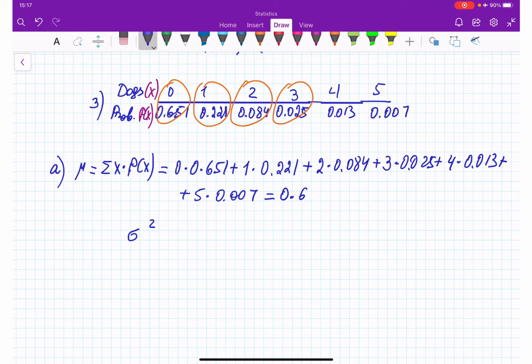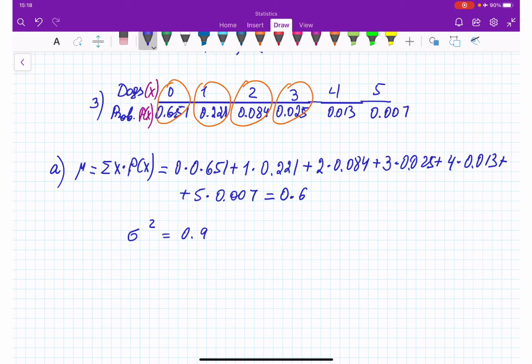So the variance in this case, if I place it, 0, 1, 2, 3, 4, 5, and if you plug it in there, you are going to get variance 0.9. Variance is going to be 0.9. And accordingly, if you take the square root of the variance, it is going to be again 0.9.